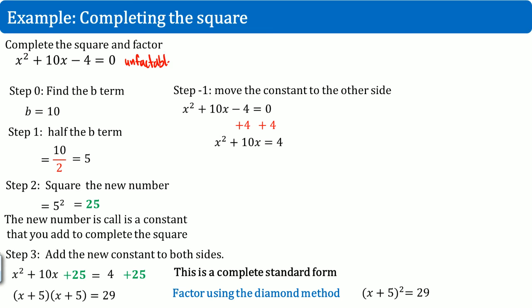You couldn't do that. But this whole process made it now factorable. And it became that. All right, that is the usefulness of completing the square.